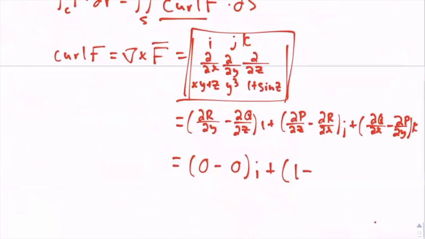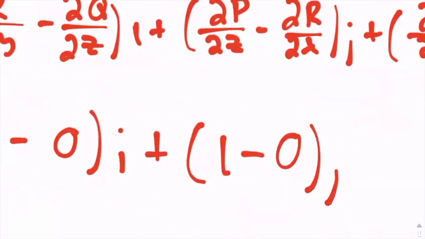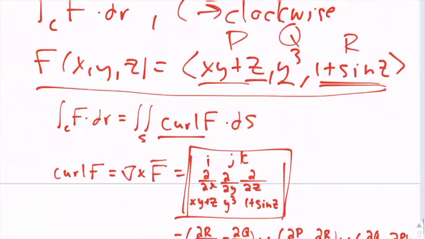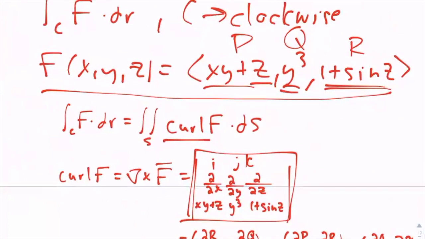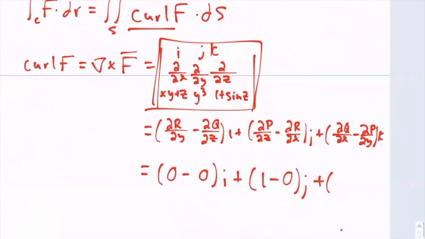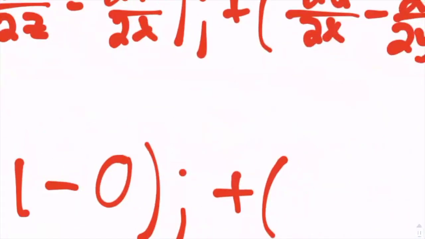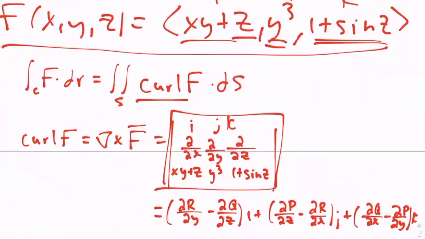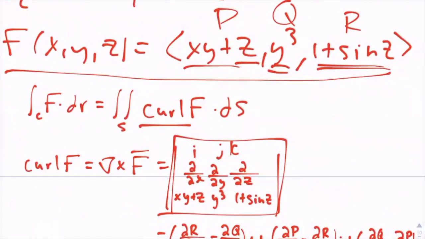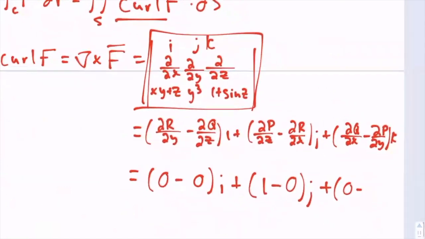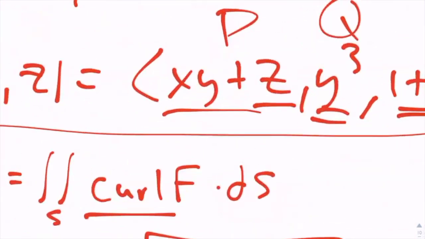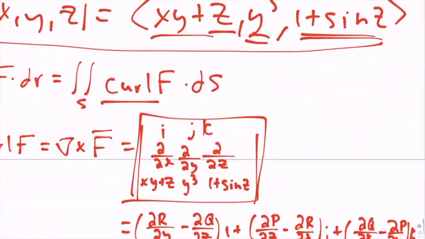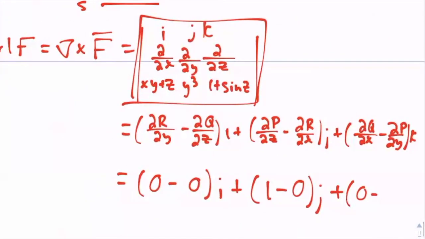There's no x here, so that would just be 0j plus partial Q with respect to x, no x again, so 0 minus partial P with respect to y. We see that that just comes out to be the partial of xy with respect to y, 0 minus x.